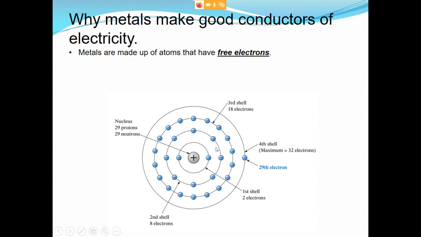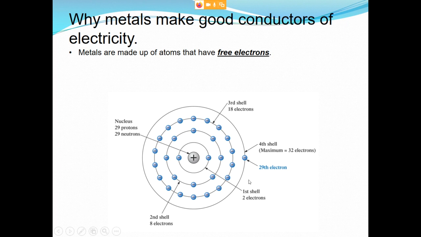If we don't have a positive or negative charge on this atom, then it needs 29 electrons. But that 29th electron is out here in this 4th band all by itself, and it's lonely.